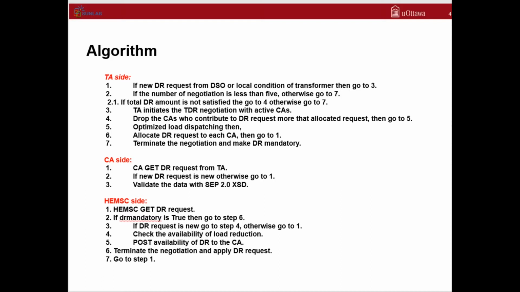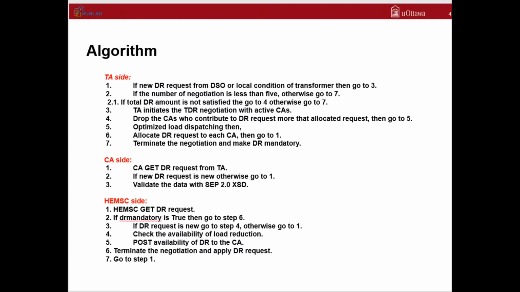If there is a new demand reduction, and in that demand reduction the mandatory flag is not true, which means that you can negotiate, then the DR request is in the negotiation part, and the HEMSC controller checks the availability of load reduction just by looking at the PV, battery, or rescheduling the load.